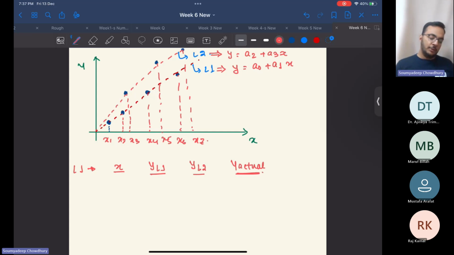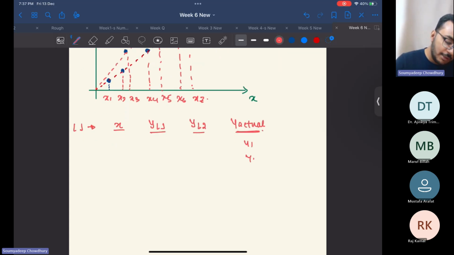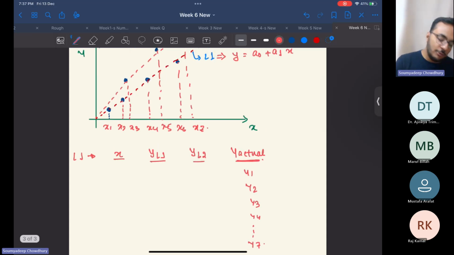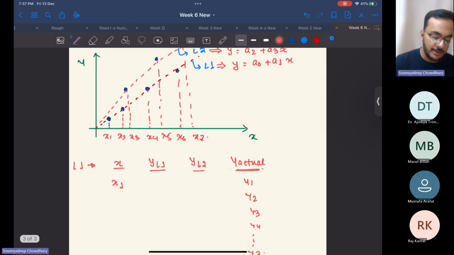For y actual, you have your values for x1, x2, x3 up to x7: y1, y2, y3, y4, up to y7. For x1, your y actual is y1.